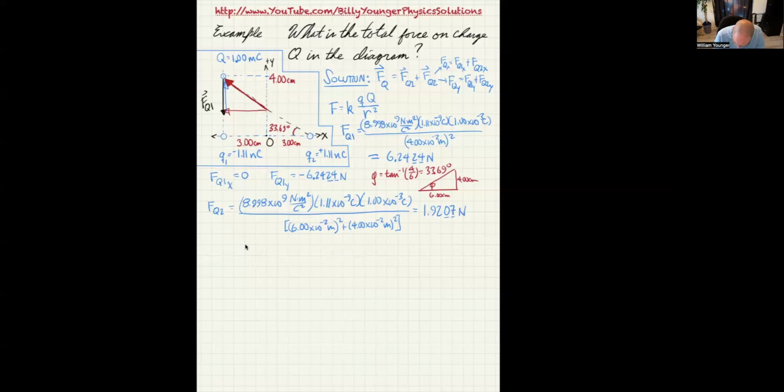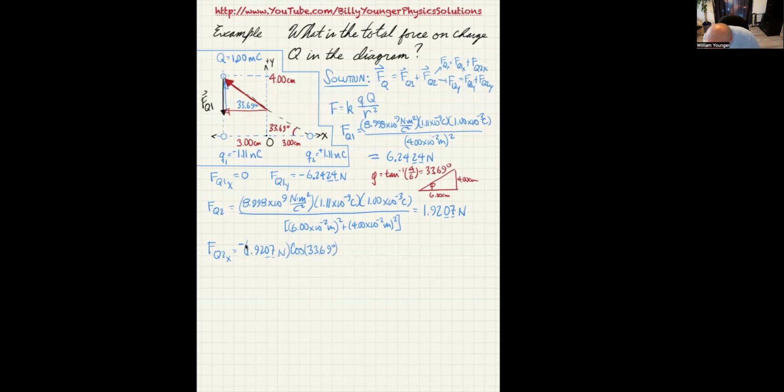Now I'm going to use that sign convention by saying that FQ2 sub x is going to be, remember this angle is 33.69 degrees, and of course the x component is adjacent to that angle, so I'm going to use cosine this time. So the answer is going to be negative 1.9207 newtons times cosine 33.69 degrees.